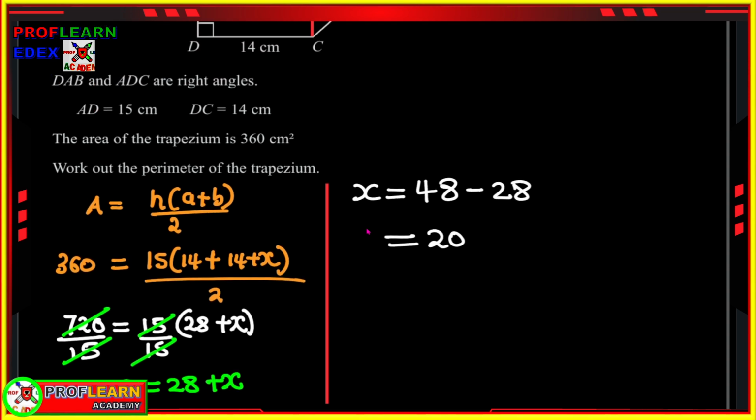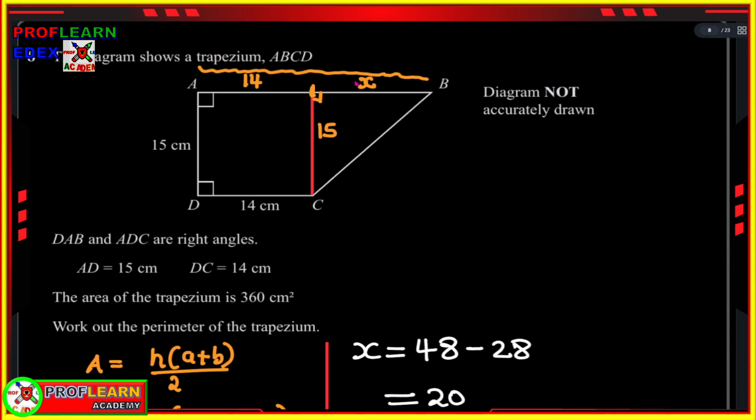But our X was to enable us to know the hypotenuse, so this is 20. We are finding this hypotenuse, and it will be y squared is equal to 20 squared plus 15 squared.